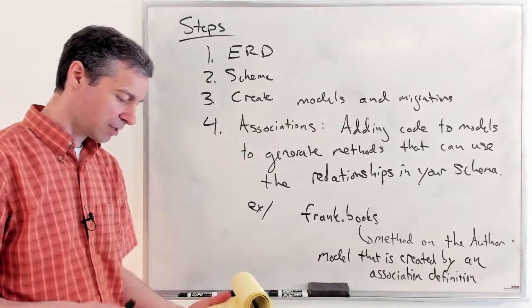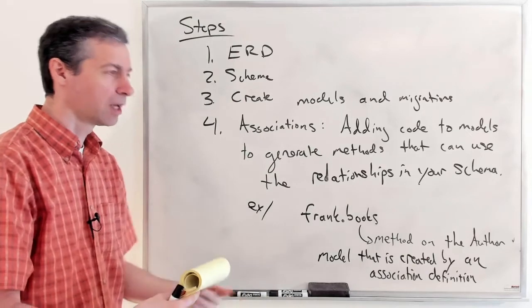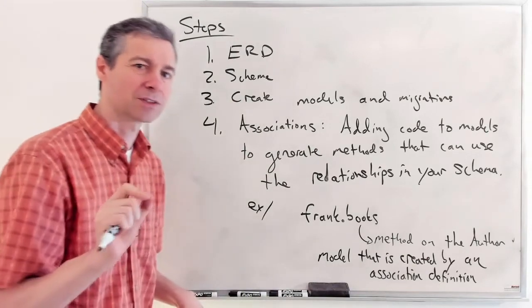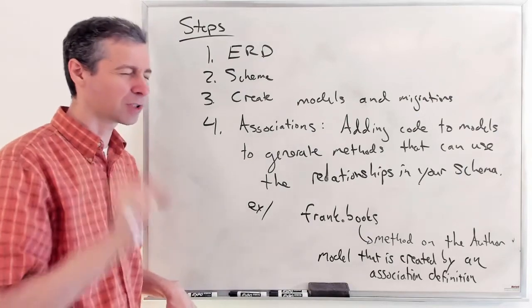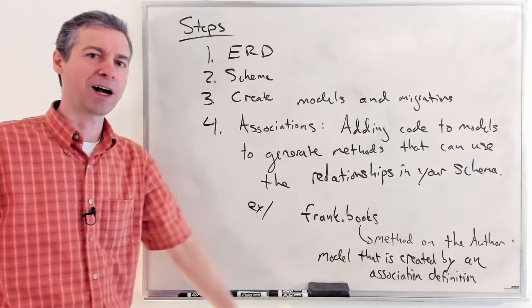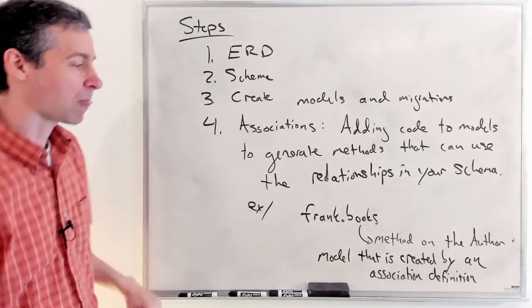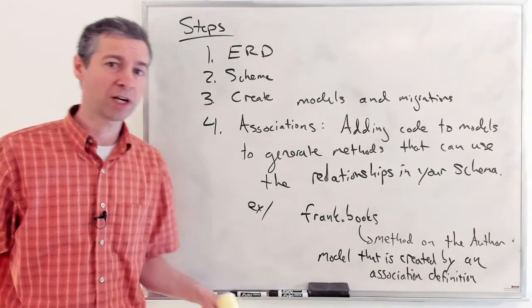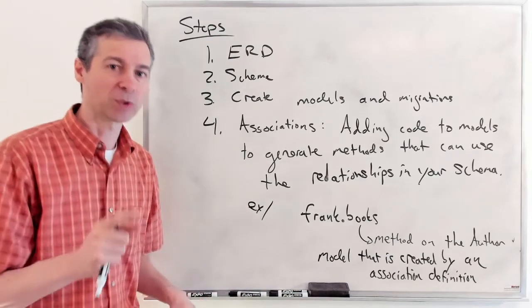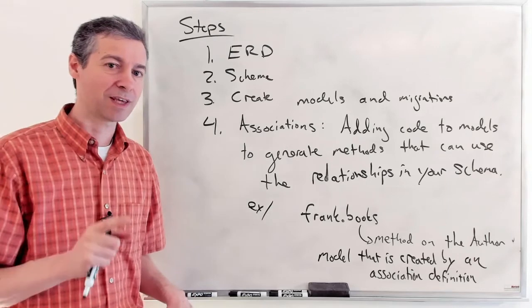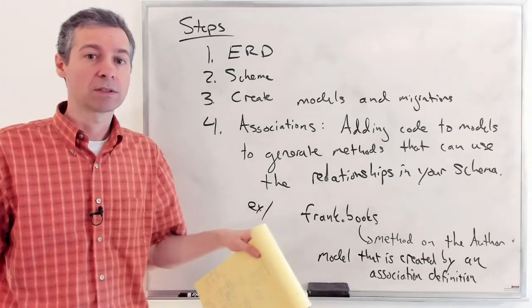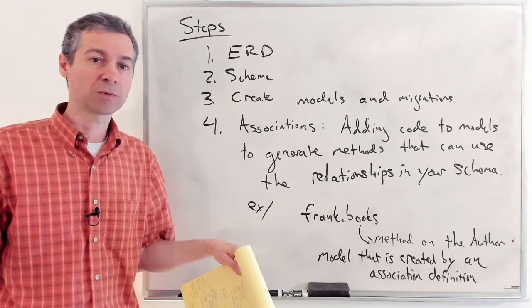But the big thing is to know that we're only going to write a tiny few words into each model, and a whole slew of methods are going to be automatically generated for us. It's a huge time savings, but we have to write the correct words, and we can't make mistakes, or we generate methods and things don't work the way we expect them to.